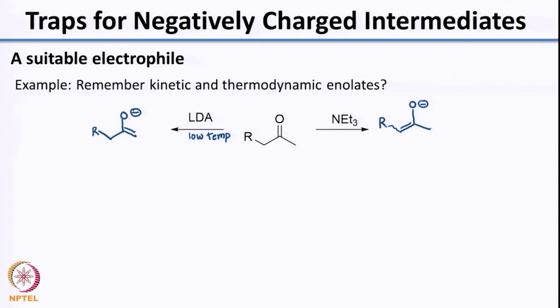So now that you have these two enolates, what is a good way for you to actually say yes that you have the enolate that is formed, or is there a way to trap the enolate?